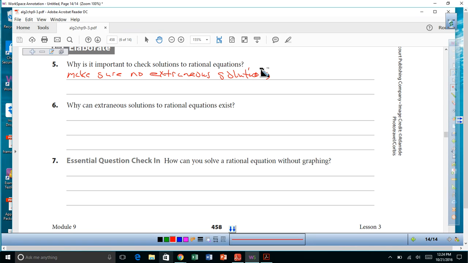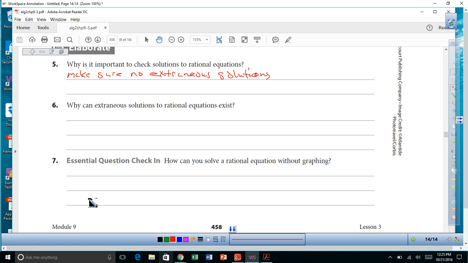Why can extraneous solutions to rational equations exist? Well, when you multiply the least common denominator through the equation, you eliminate the information that limited it to begin with.